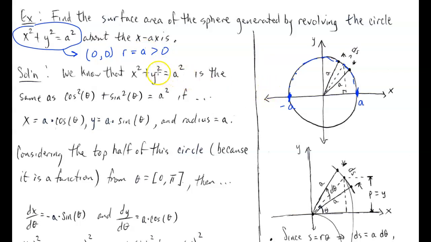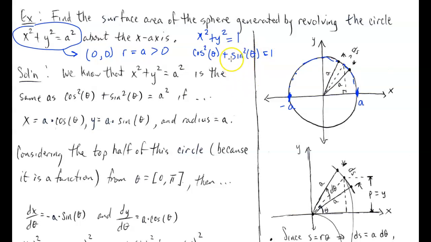Now, if we look at this equation of a circle here, we also know that if we were looking at, let's say, x squared plus y squared equals 1, for a circle, the x coordinate for any point on the unit circle would end up being cosine of some angle. So this would be like cosine squared of theta. And of course, the y coordinate for any point on the circle would be sine. So this would be sine squared theta, and that would equal 1, okay?